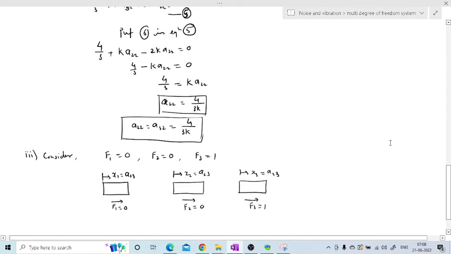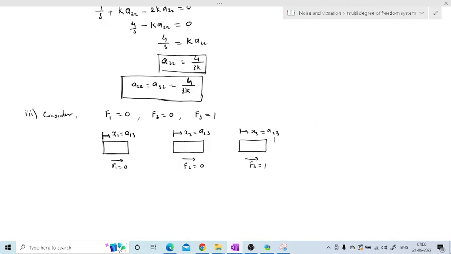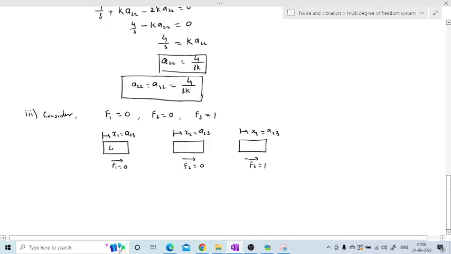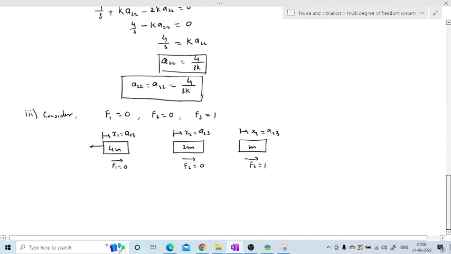Okay, now the remaining thing I'll keep, see here 4m, 2m, m, so masses are 4m, 2m, m. The first spring force is, just check, 3k A12. So here I can write 3k, and instead of A12 I can write A13, means k into x.